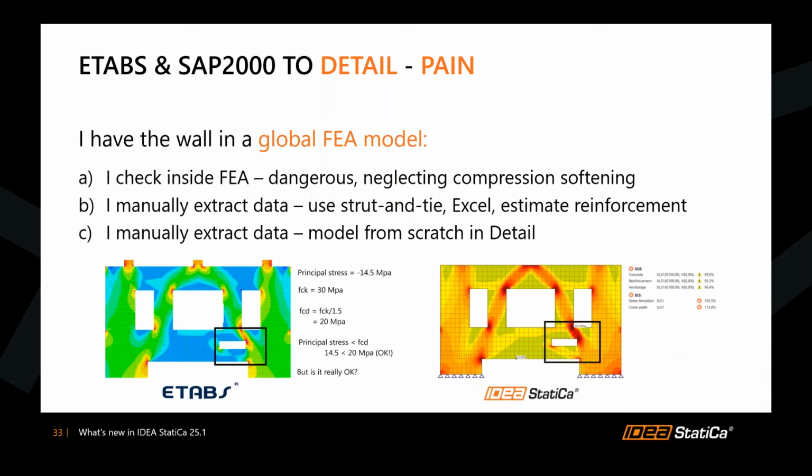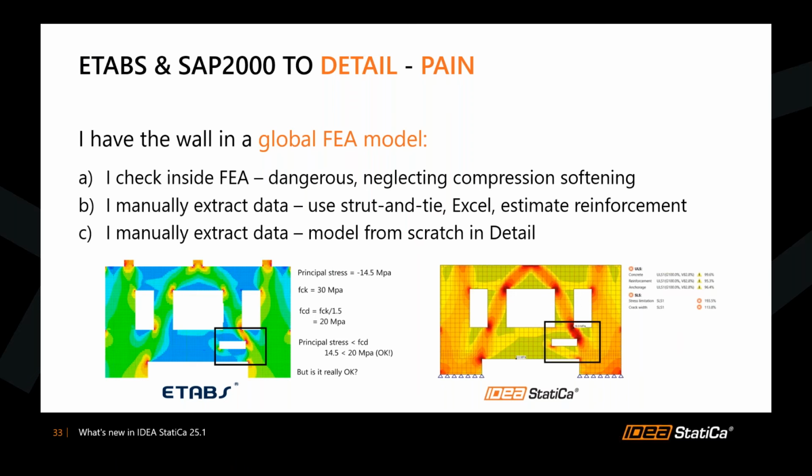So what are the pains that you might have? If you have the wall in a global FEA model, such as ETABS or SAP 2000, you might deal with these problems. If you check it inside your global model, that's possible, and it's quite a nice workflow, but might be dangerous, because this is just a linear calculation and analysis, and you're neglecting the compression softening effect of the concrete in this wall.